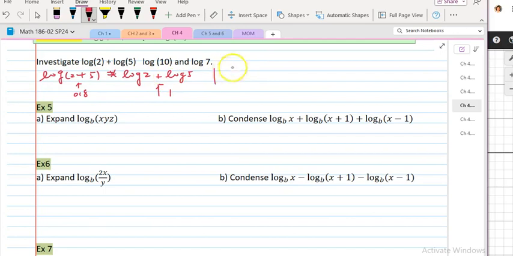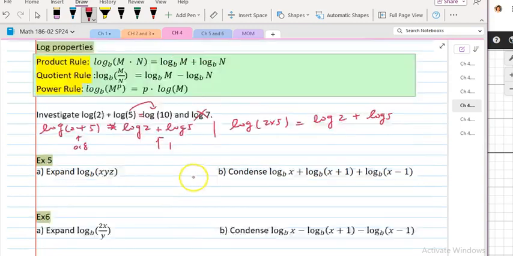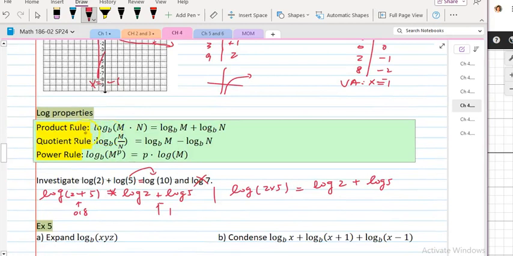But when we investigate, if I multiply 2 times 5 is 10, and it is actually log 10, and this means that it's equal to log 2 plus log 5. So it's not log 7, it's not equal to log 7, but log 2 plus log 5 is equal to log 10. These two are equal. So this is one special case of the product rule.